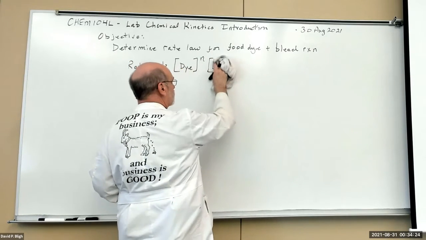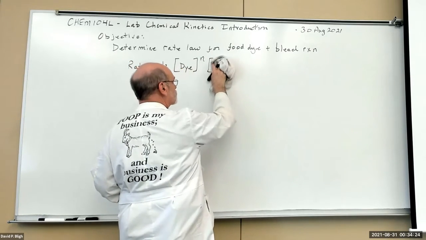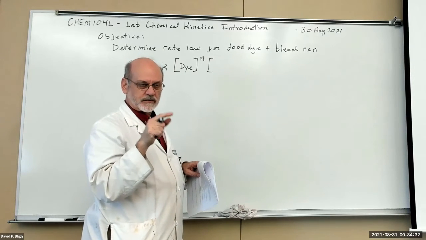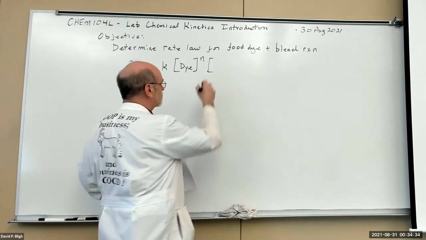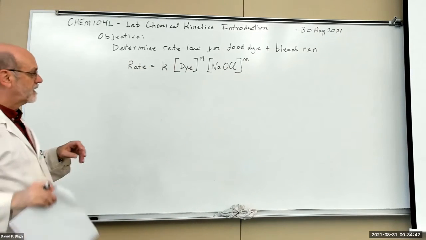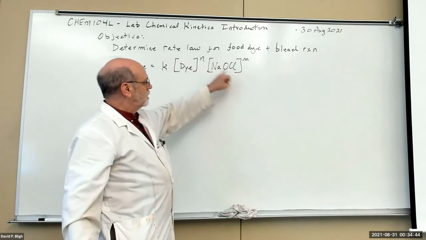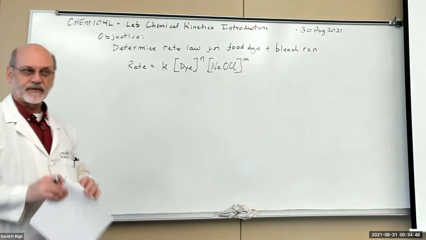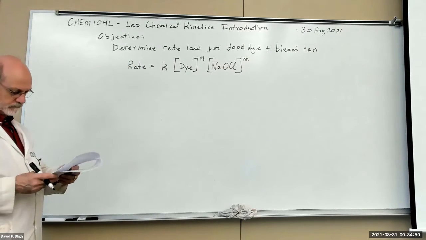Actually, instead of bleach, we're going to put it in terms of the active molecule in bleach, which is sodium hypochlorite. Okay? So in order to write that, we need to know this one, and that one.